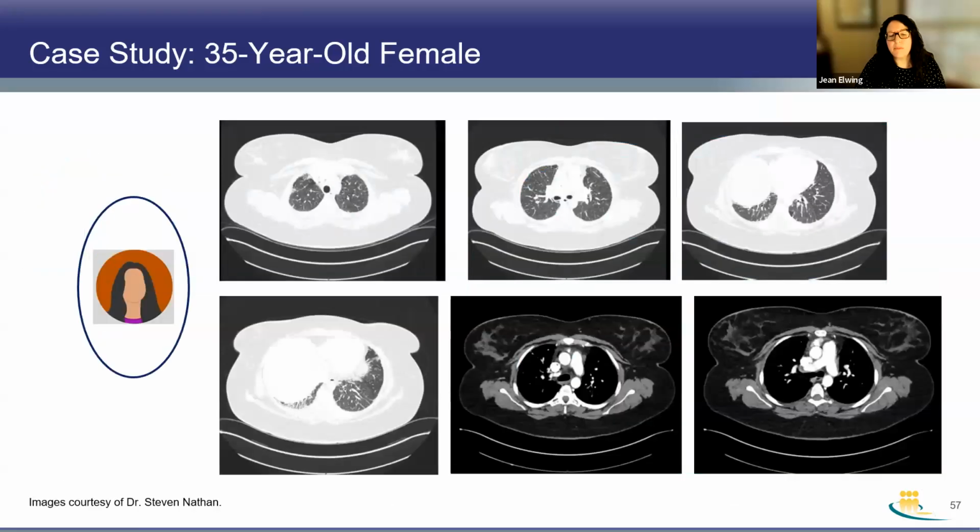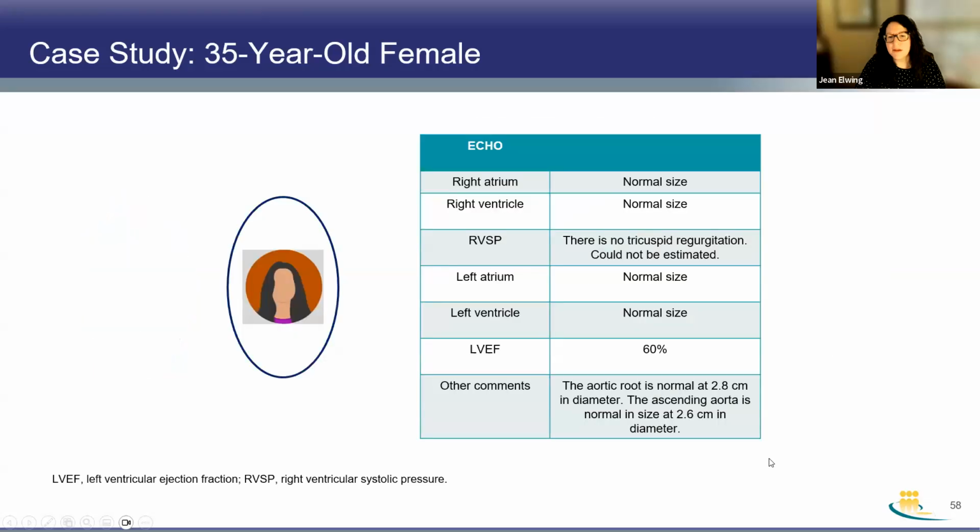And when you look at her parenchymal evaluation by CT imaging, you do see parenchymal abnormalities and enlargement of the pulmonary arteries on those images you see below. So she is an individual who would go on to have an echocardiogram.